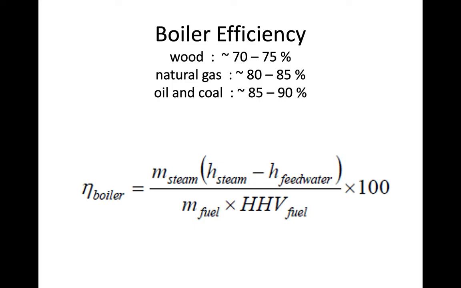So boiler efficiency is the ratio of useful energy produced from the boiler, which could be the energy contained in steam produced from boilers, divided by the energy consumption to produce such an amount of useful energy, or to produce a certain amount of steam.